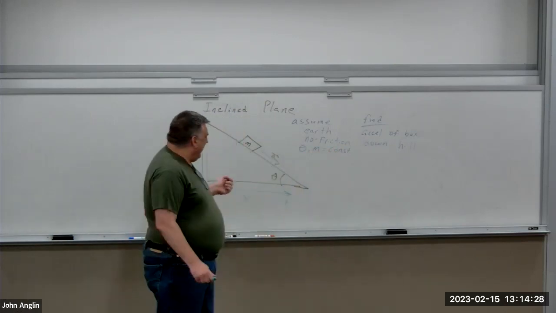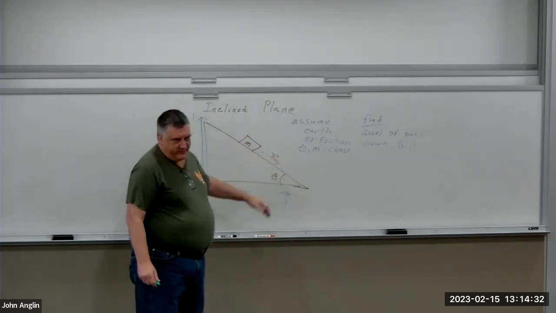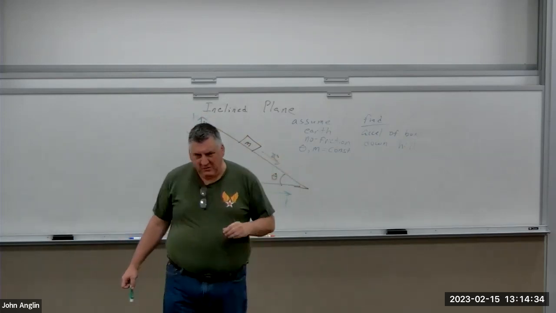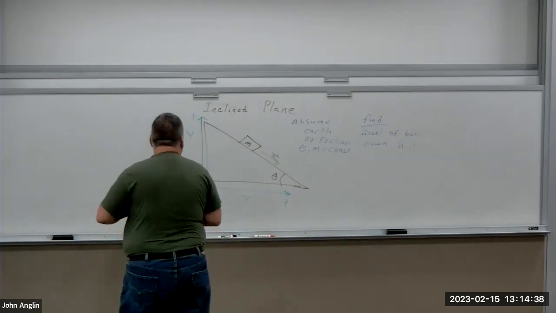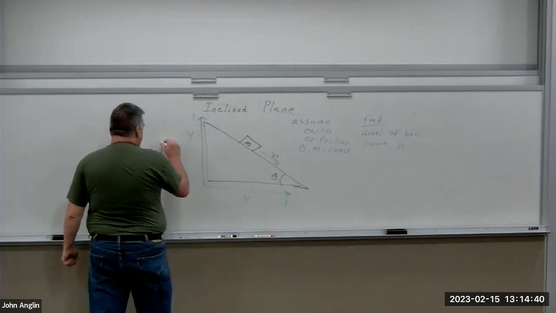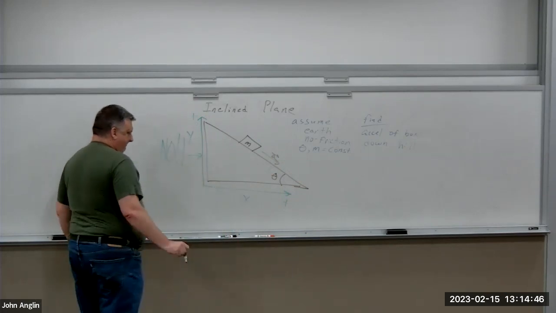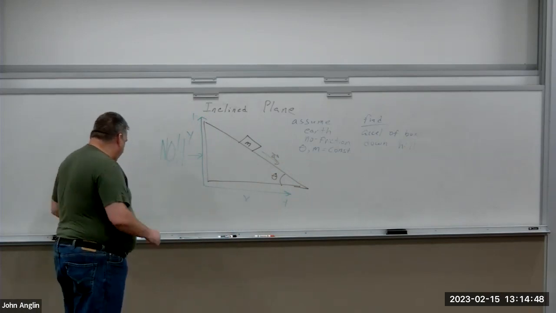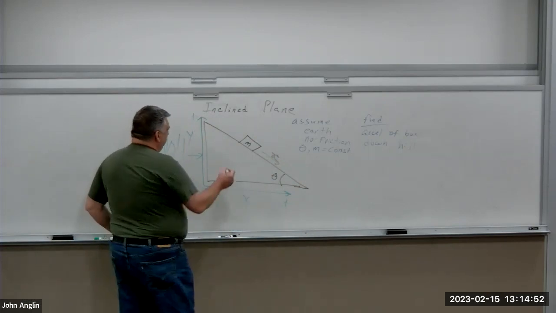So I've decided that downhill is along this slope. So that's really what my coordinate system is. So don't do this. Instead, let's pick a different coordinate system.